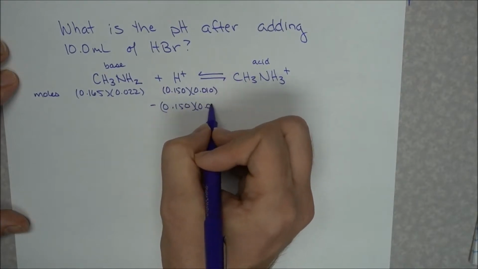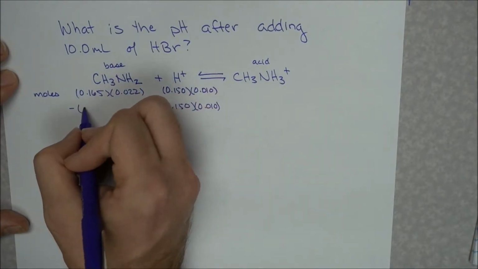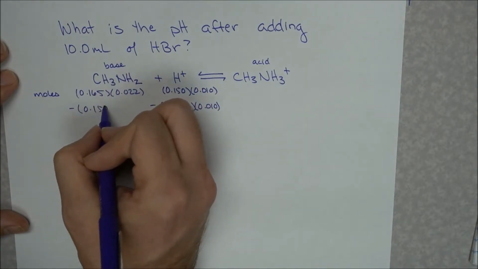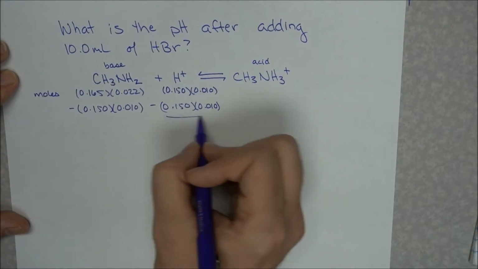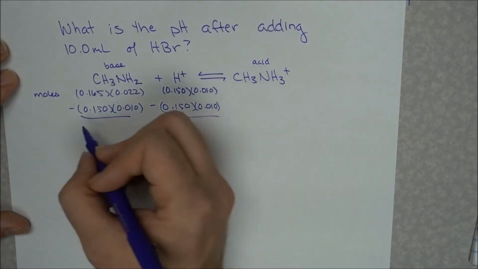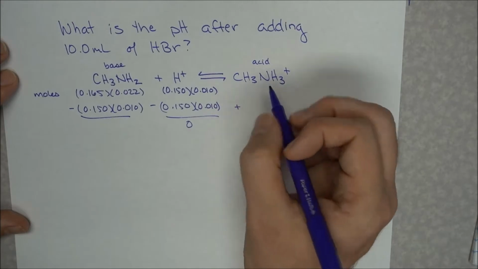So all this goes away, and it takes some of this with it, specifically this much. This goes down to 0. That's going to go to some other number, and we end up making some of this.